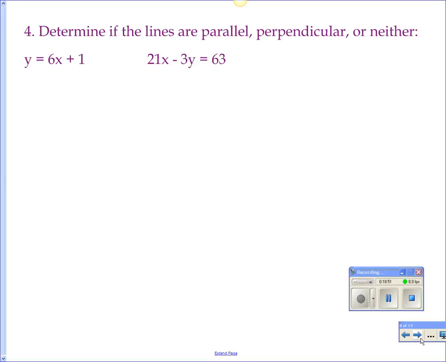Okay, number 4. Ethan G., tell me about this. Y equals 6x plus 1. Good. M equals 6. So that one's done. Chad, tell me about this one. 21x minus 3y equals 63. Very good. Daniel, what else do I have to do on that one? Negative 3.